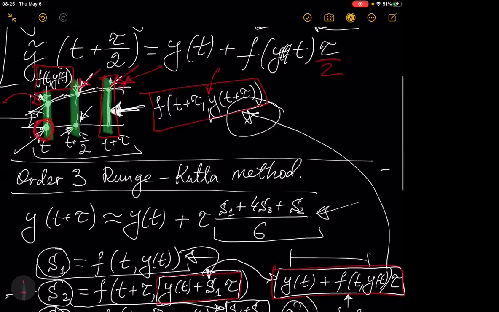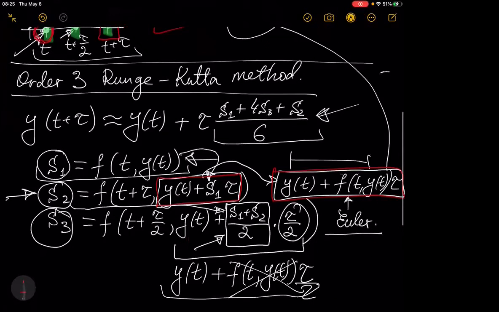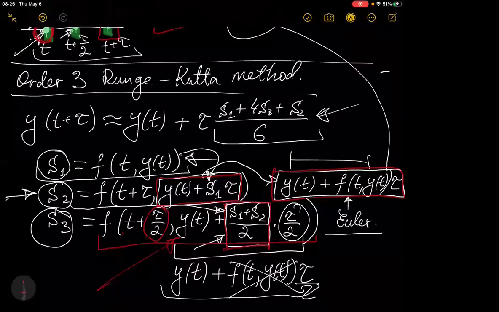Okay, I found it. Now I need to find the value of my function in the middle point in order to use Simpson. So how to do this? Essentially, this is the value of my function in the middle point. Here everything is easy: you just add to t the step divided by 2, the half step. But here you need to use Euler again.